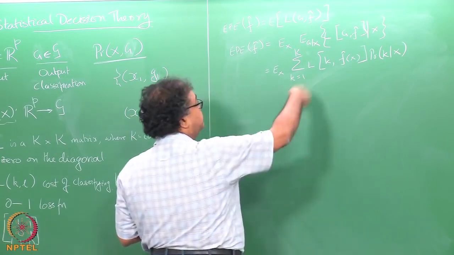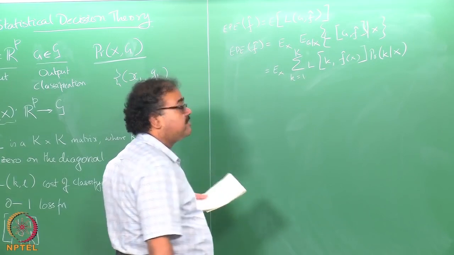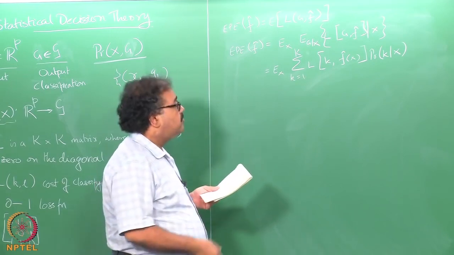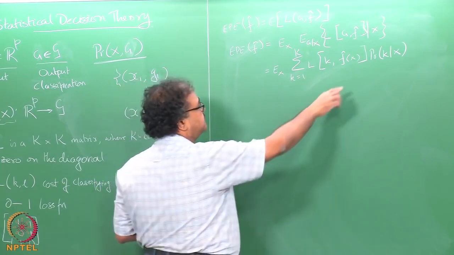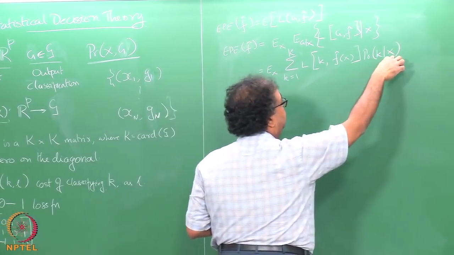And again I can do this minimization pointwise like we talked about earlier. Pointwise would mean that I make a specific assumption about what is the value of x.